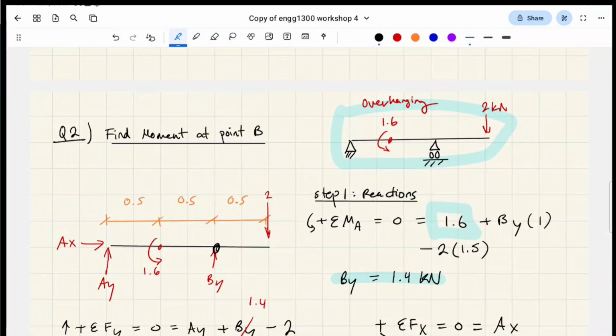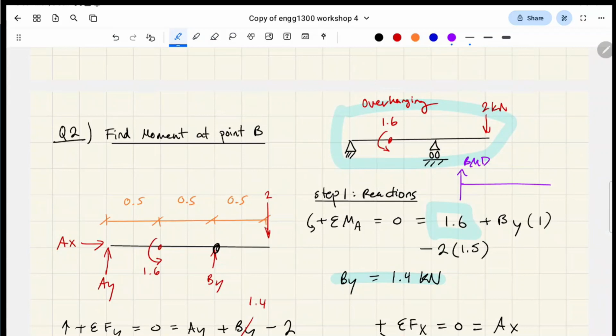And the answer is no, because, not in this question, since it doesn't ask for the shear force or bending moment diagram, but it affects the bending moment diagram at that point. So the bending moment diagram, if we were to draw it for this beam, right?